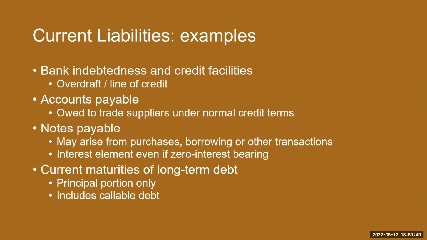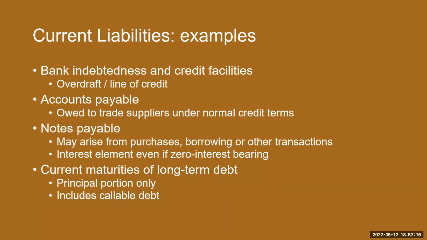And accounts payable typically are owed to trade suppliers, right? So other parties, they could be vendors to us or suppliers of services to us. And they're not parties from whom we have borrowed money. If we borrow money for the short run, those would be typically captured in the notes payable section and not accounts payable.